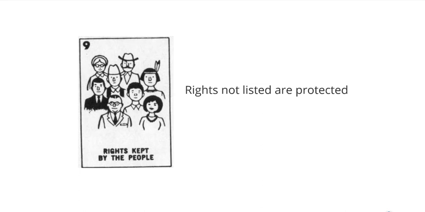Number 9 says that anything that's not listed in the Constitution is still protected by the Constitution. For example, gay marriage. Nowhere is it listed in the Constitution, but the federal government recognizes that that's a right of people to marry people of the same sex.